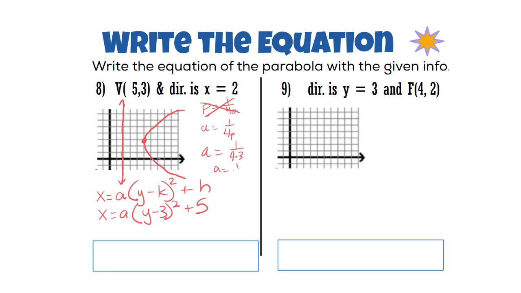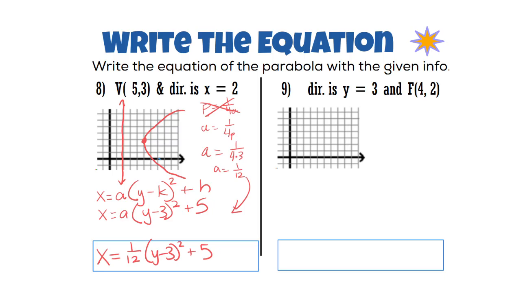So the a is 1/12. And so I'm going to plug that in, and here's your equation: x equals 1/12 (y minus 3) squared plus 5. So a 1/12, that really would be a very wide parabola.